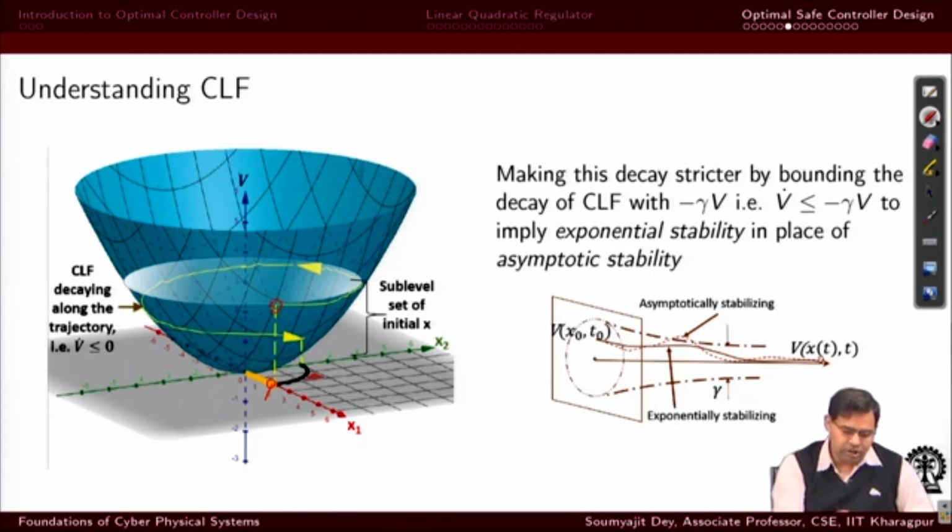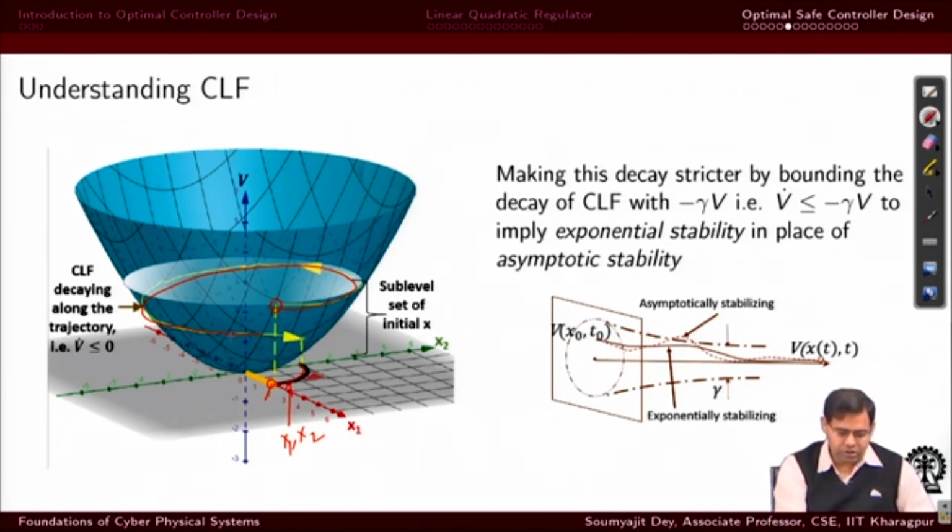So here my control Lyapunov function's value is this. Now let's say I am moving inside like this. Essentially what is happening is the control Lyapunov function's value is decreasing, right. This is where I am plotting x1, x2. As my x1, x2 is changing, I am moving like this.